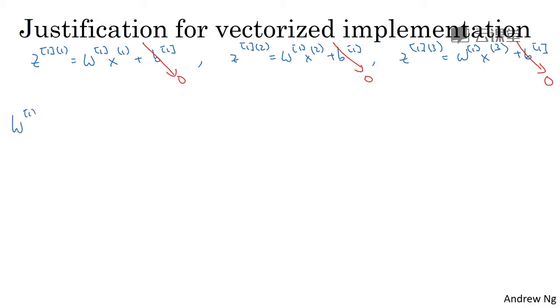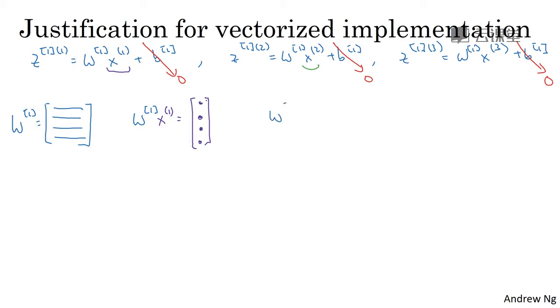Now, W1 is going to be some matrix, right? So I have some number of rows in this matrix. So if you look at this calculation x1, what you have is that W1 times x1 gives you some column vector, which I'm going to draw like this. And similarly, if you look at this vector x2, you have that W1 times x2 gives some other column vector, right?